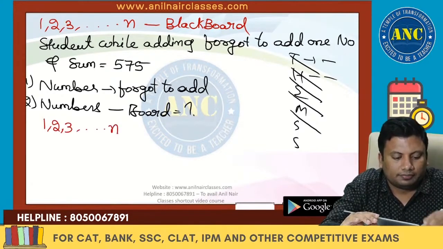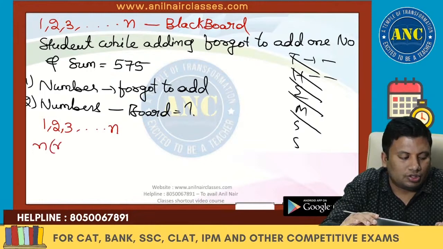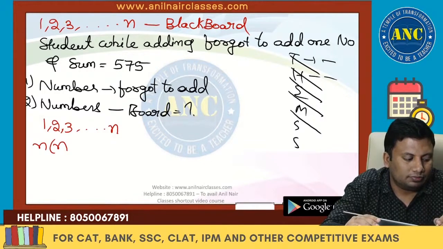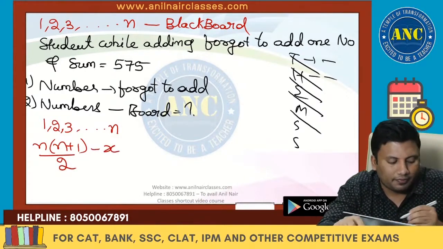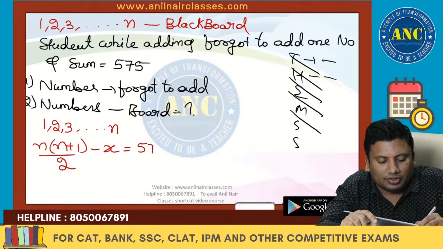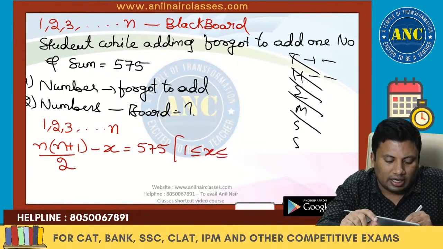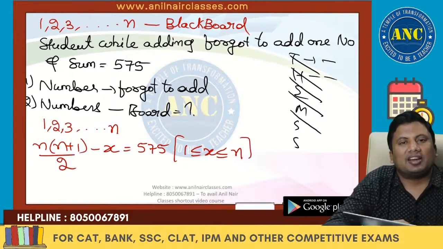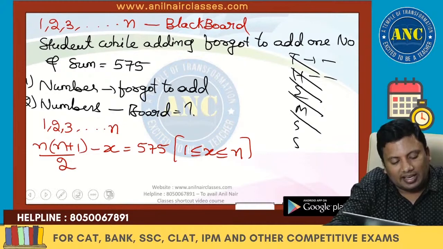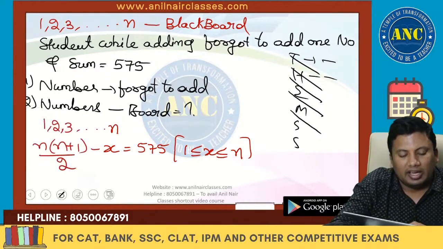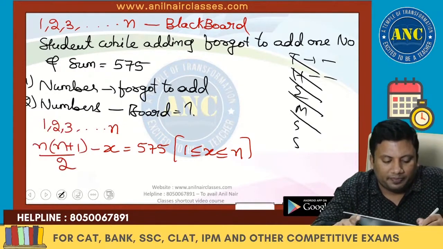1, 2, 3. N into n plus 1 by 2, one number I forgot to add, minus x, is equivalent to 575. 1 less than or equivalent to x less than or equivalent to n.